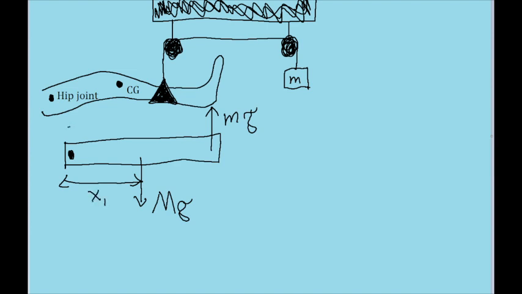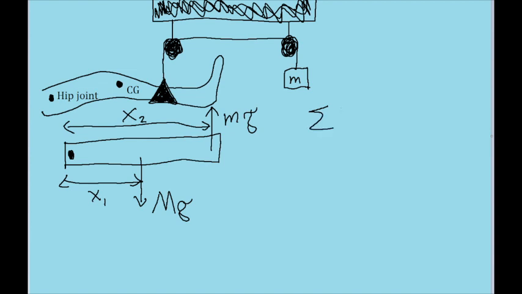And the distance from the hip joint to the cord, the sling, I'll call that x2. Let me make that more clear. x2.